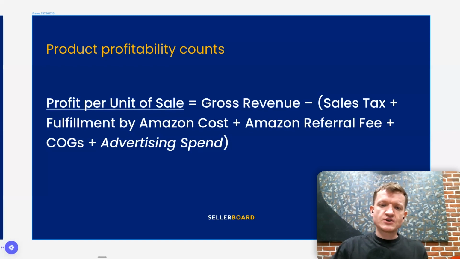As you can see right here, you have your gross revenue per product, and then you take away the sales tax, the Amazon fees and fulfillment costs, and your cost of goods, and then you have your advertising spend left. So imagine, as I said before, if you're making the initial sale, you initially acquire this customer, then you have this advertising spend. So your profit for the initial sale will be low.